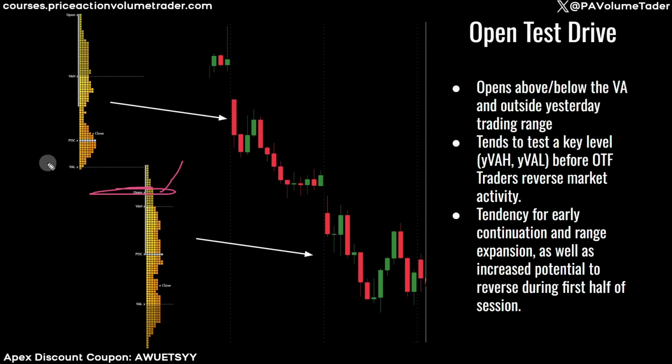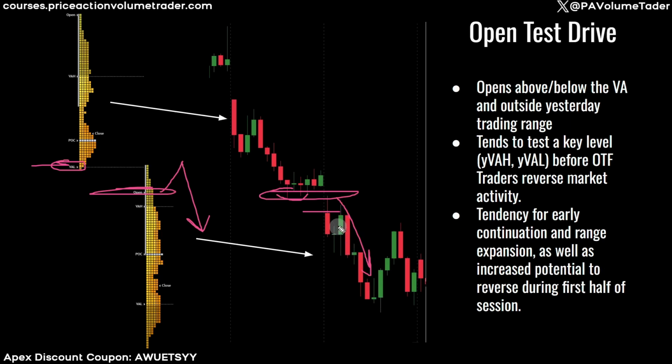We come up and test the valley area low from the previous market session, and then we just reject from that, and you can see it right here. We came back to test this previous level of support from the previous day, tested back as resistance. We actually did not completely close the gap on the open that we had, and then market just continued pushing down for the day.